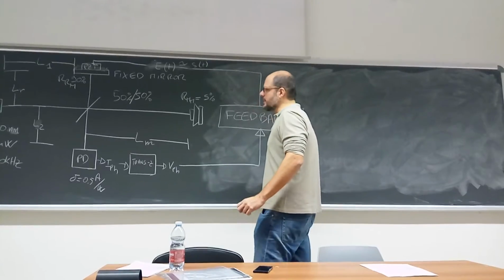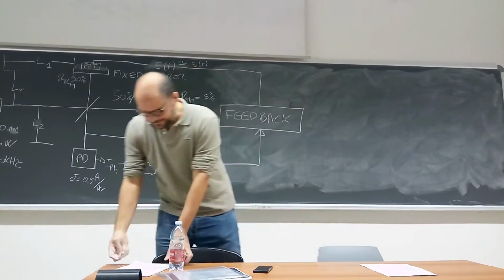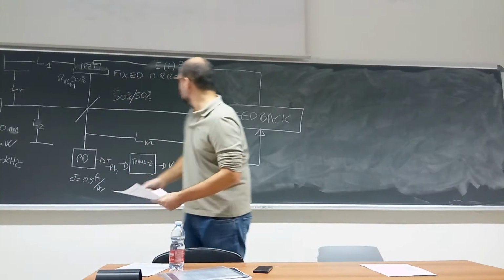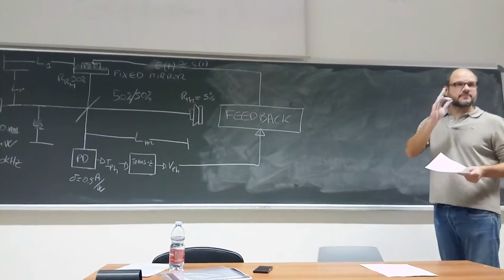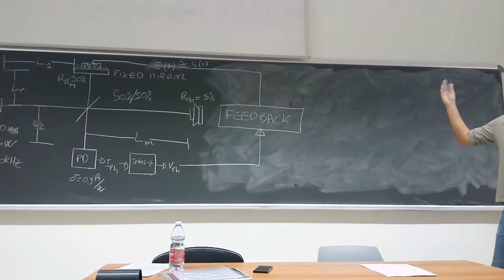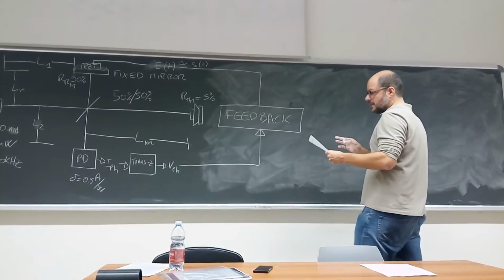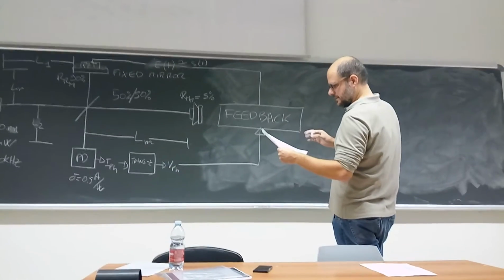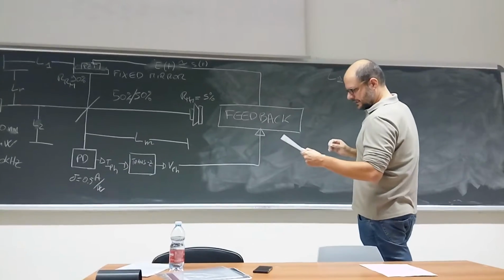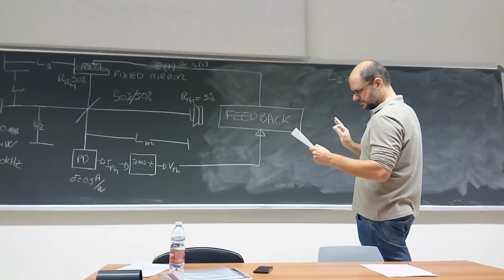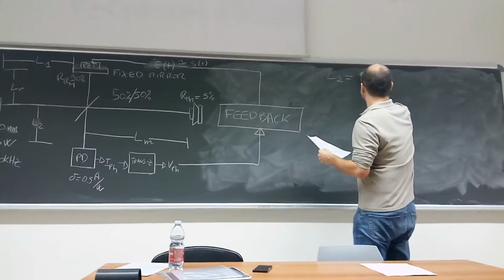So, more or less, we have the same situation. We have again a Michelson interferometer. The different thing in this exercise is that the target is not a loudspeaker, but it moves with a particular signal. So we have that L1 is equal to 1 meter.